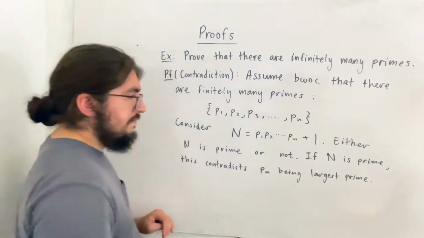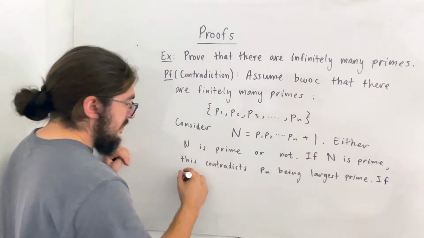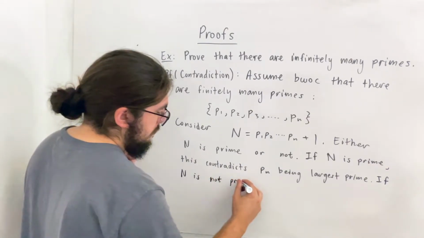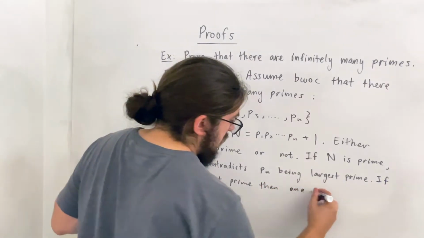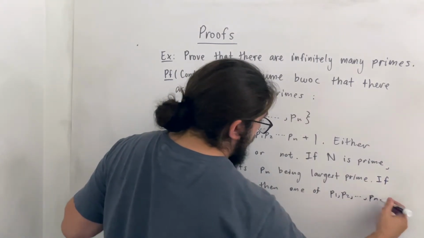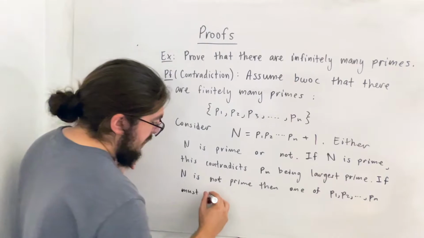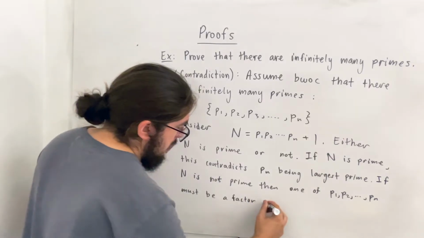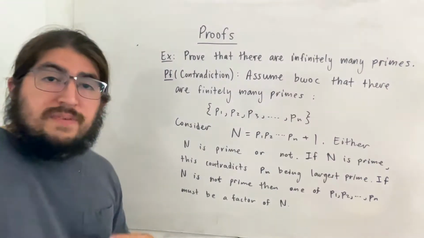What about the other scenario? In this scenario, if it's not prime, so if N is not prime, then one of P1, P2, all the way up to Pn must divide N. Must be a factor of N. Because every number factors into prime numbers.